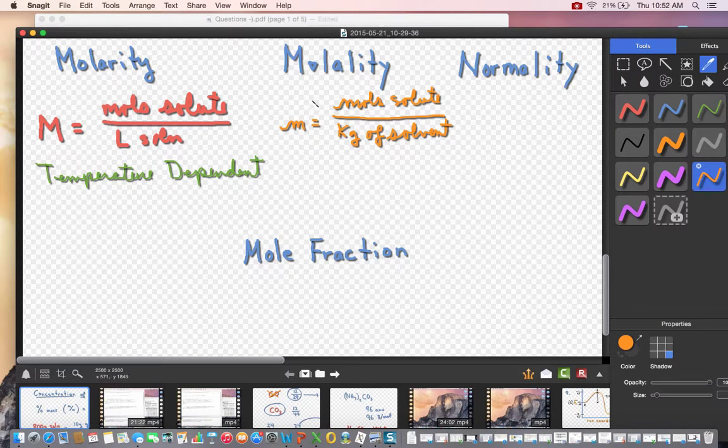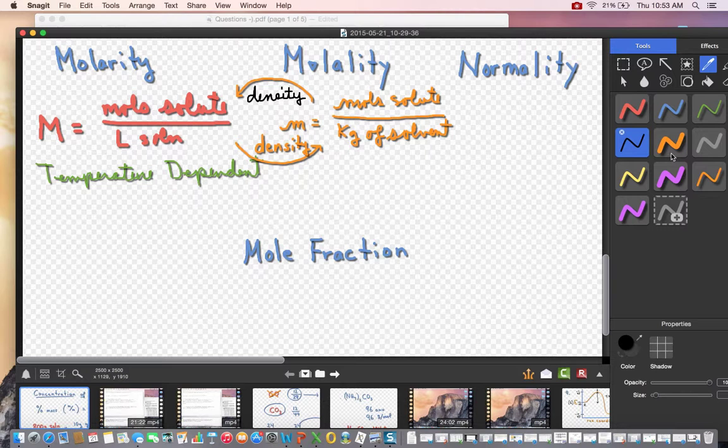These two are typically converted into one another when the density is known. So I need the density to convert these two. You're probably not real likely to get this kind of problem, but just so that we hedge our bets a little bit, we can convert between these two.